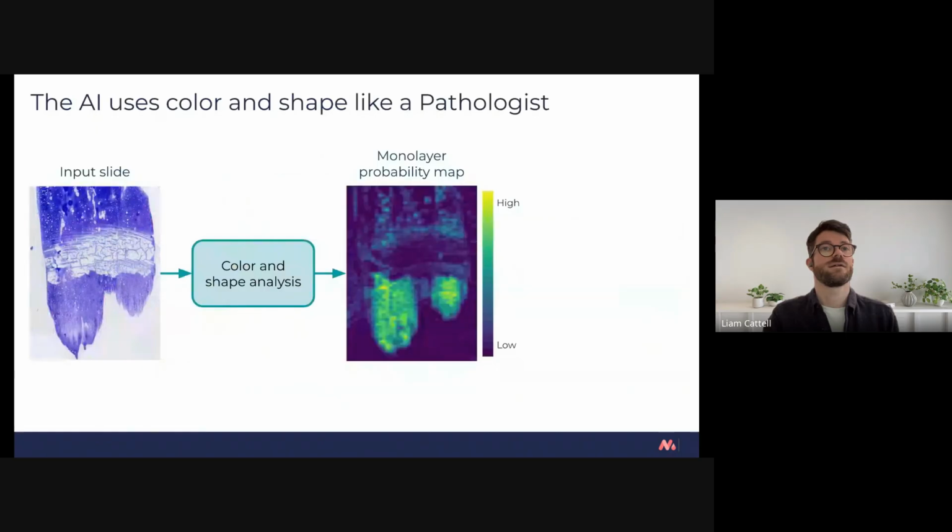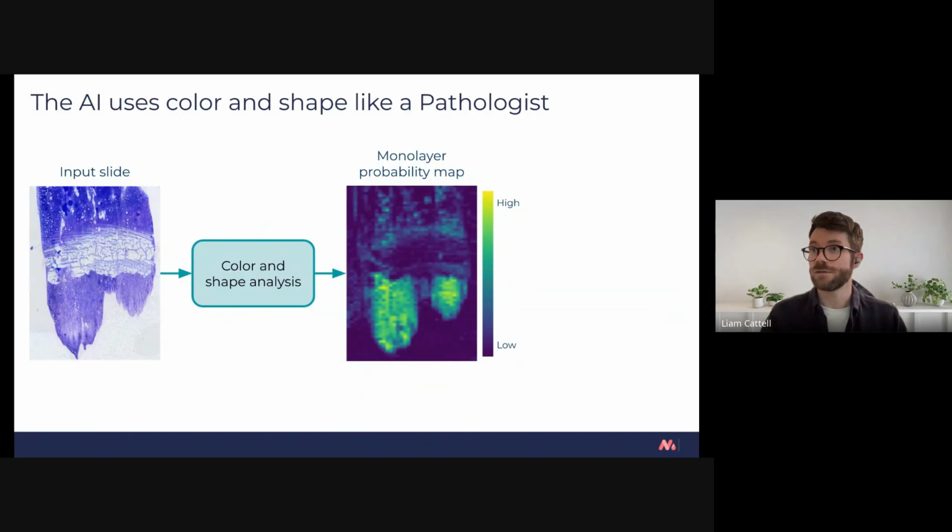Next slide. As part of this step one, this monolayer identification, the AI, again, like a pathologist, is using color and shape and cell density information. So we have the input slide there. We're assessing every field in that slide and assessing the color and the cells and the shape and the staining within those to produce what we call the monolayer probability map, where high probability indicates regions and fields that are good for the subsequent analysis, and low probability regions are areas that we don't want to consider for further analysis.